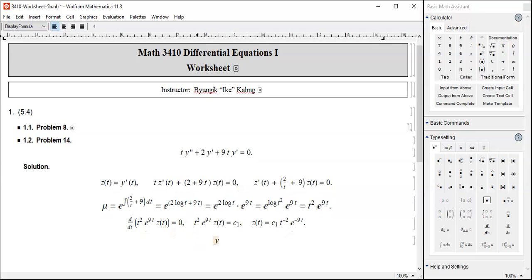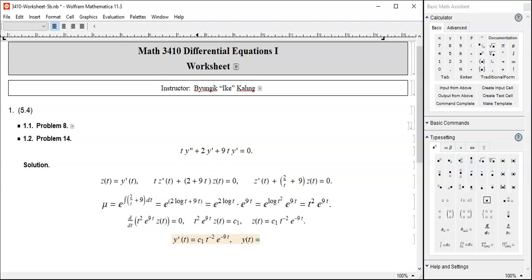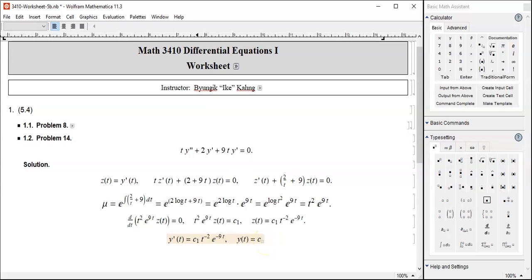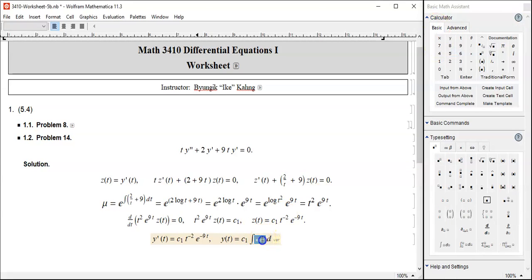So what do I get? y prime of t is that, this thing. So y of t is nothing more than the antiderivative of this, t to the negative second power e to the negative 9t power.